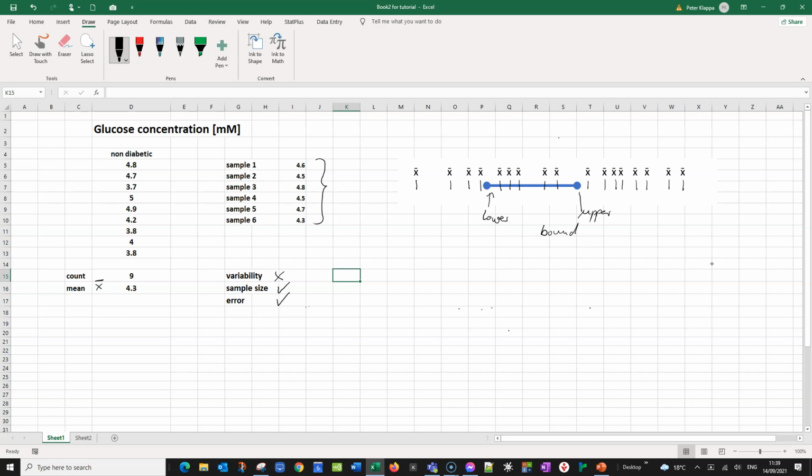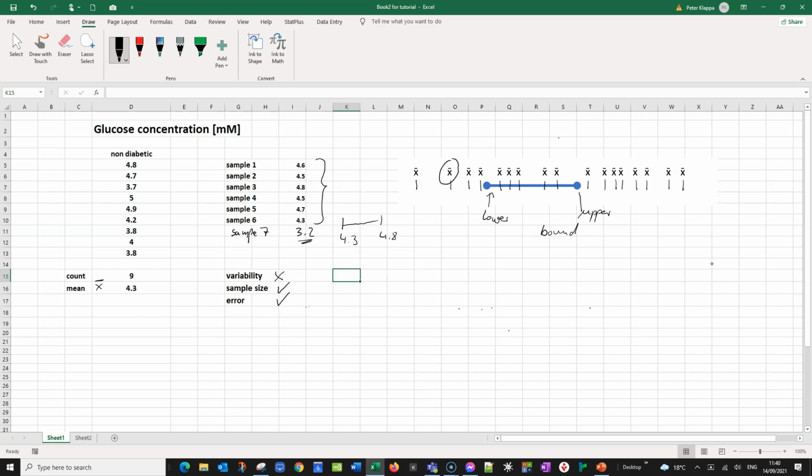So I might find a sample, let's say I find this sample here, and I say, right, I've got this value for a sample. For example, we might have sample 7, and this is, say, 3.2. And if my confidence interval goes from, let's say, 4.3 to 4.8, I would say 3.2 is not included in this confidence interval.